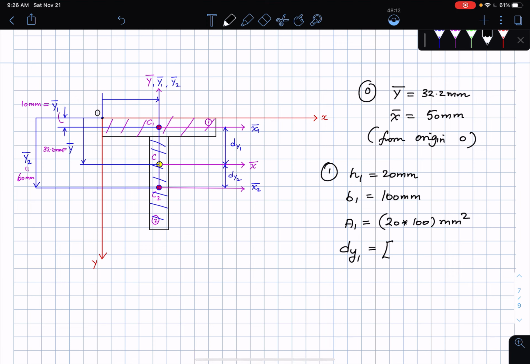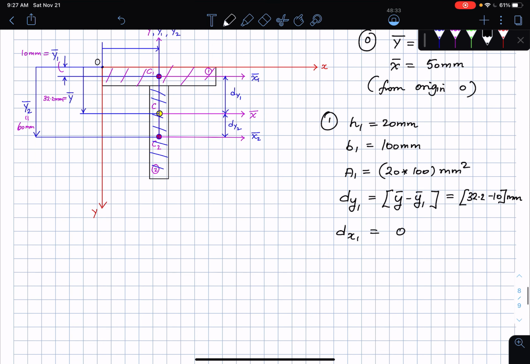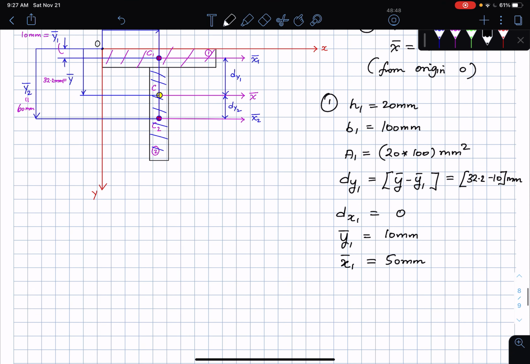So this is going to be y bar minus y1 bar, which is 32.2 minus 10, which is 22.2 mm. And dx1 is going to be 0 because the axes are coincident. And y1 bar is going to be 10 millimeters, and x1 bar is going to be 50 millimeters. This is for the first shape.